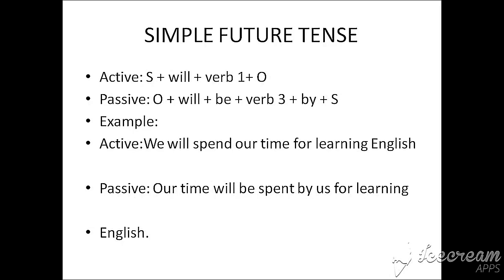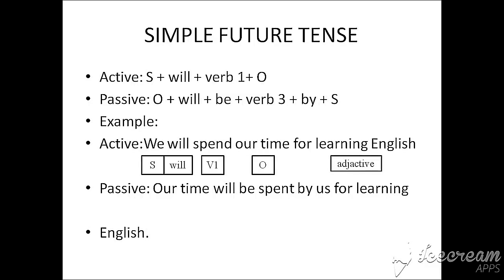Let's see the structure of this sentence. We, as the subject, will spend as verb 1. Our time is the object, and for learning English is an adverbial phrase. So the rest stays in the same place, but the object becomes the subject and the subject becomes the object in the passive. Remember that.